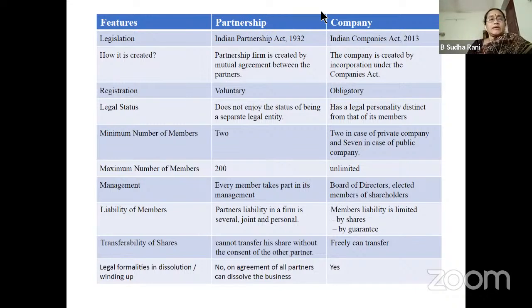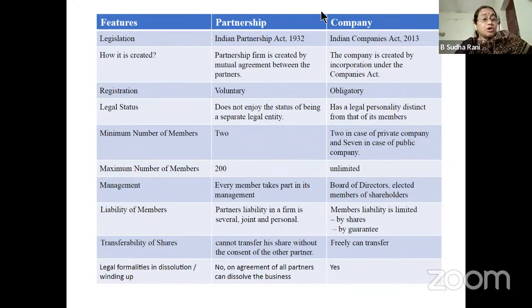In a public limited company, it's limited by shares or guarantee. Okay, it's limited by shares or guarantee. The management, again, who manages the partnership? The partners themselves. They themselves are owner, agent and principal.